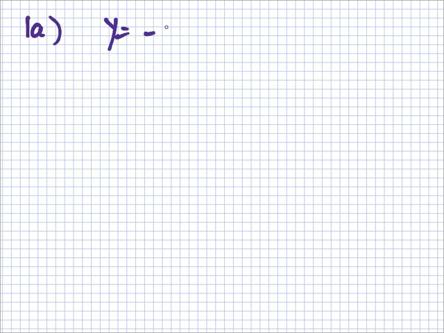Y equals minus 6x plus 8. Y equals minus 7x plus 9. I'm going to make these graphs. I think I'll find the x and the y intercepts. The y-intercepts are already there, so it's really just a matter of finding the x-intercepts.